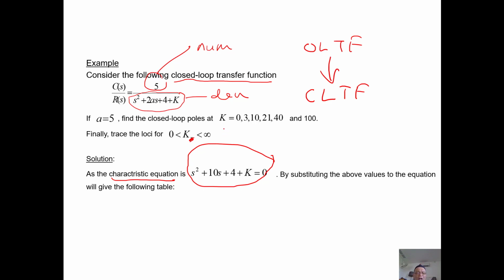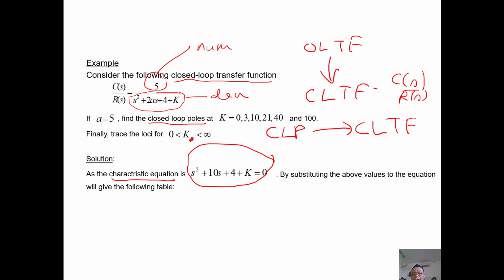Okay. All right. The next thing we have to do is find the closed loop poles. Another key point here is the closed loop poles. In order to find the closed loop poles, you must refer to the closed loop transfer function. Fortunately, you are given the closed loop transfer function, which is C(s) over R(s).